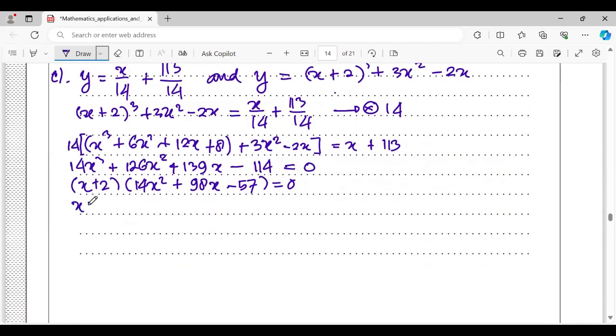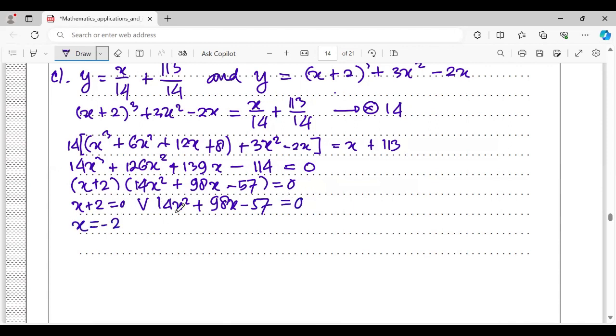So x plus 2 equals 0, or 14x squared plus 98x minus 57 equals 0.